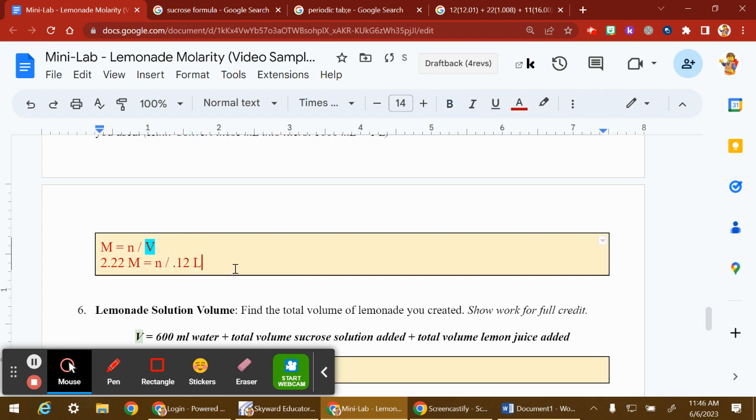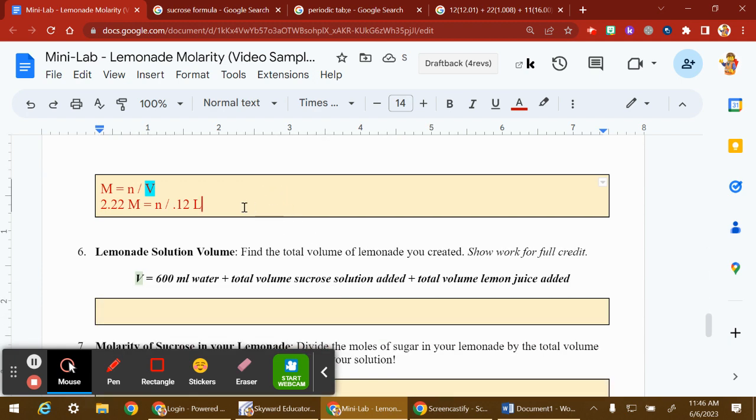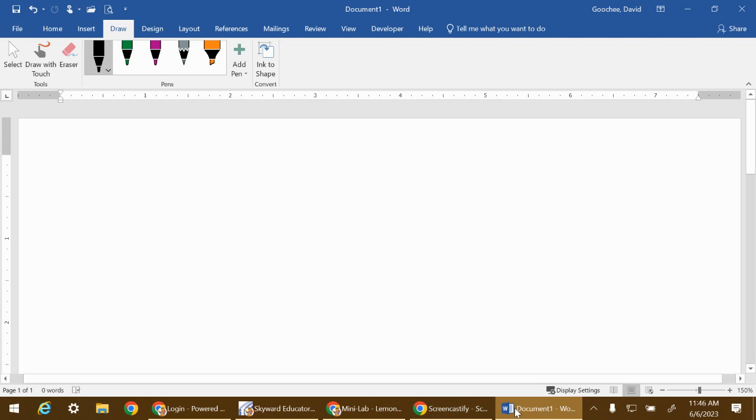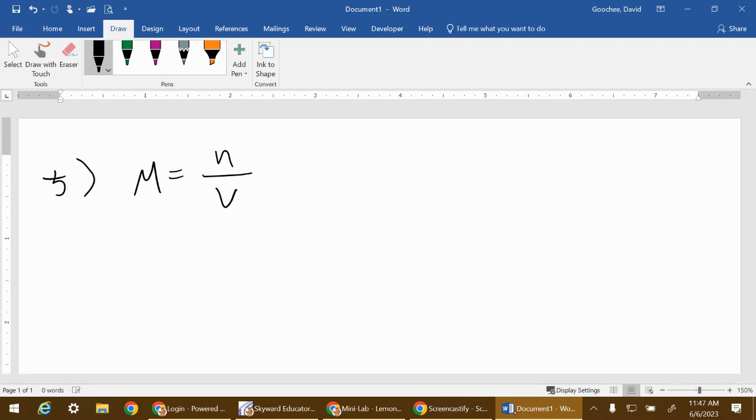Now, to make this a little bit easier to math out, I'm going to do this on a separate sheet. So here I go. This is problem number 5 on the lab. Molarity equals number of moles divided by volume. The molarity was 2.22 molar. The volume was 0.12 liters.